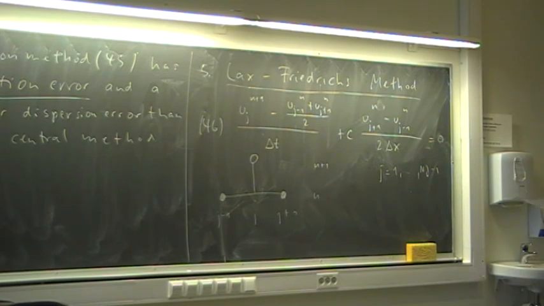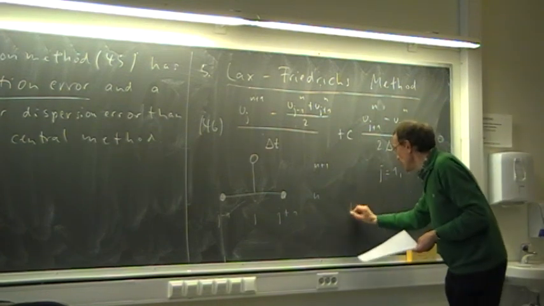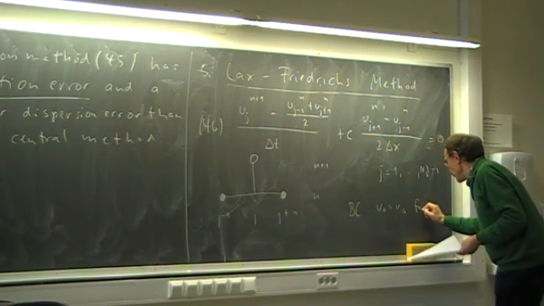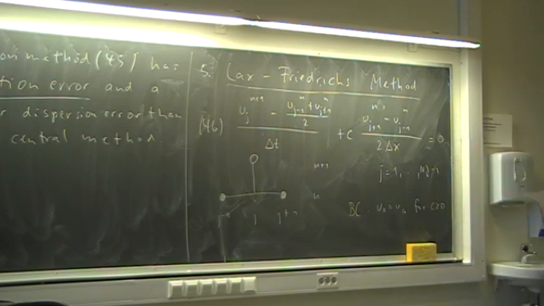Regarding the boundary conditions, they enter naturally, by the boundary condition that we have to give. For example, if c is positive, then the boundary condition would be u_0 is u_A for c positive. Otherwise, we would give u_N.